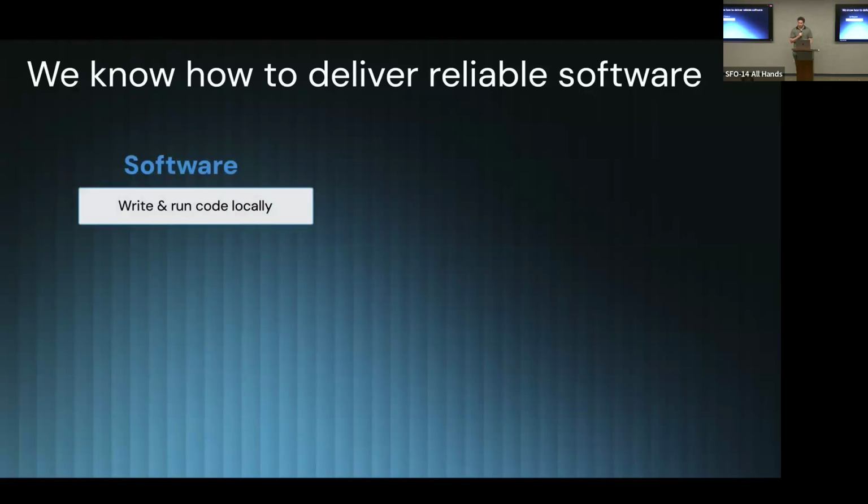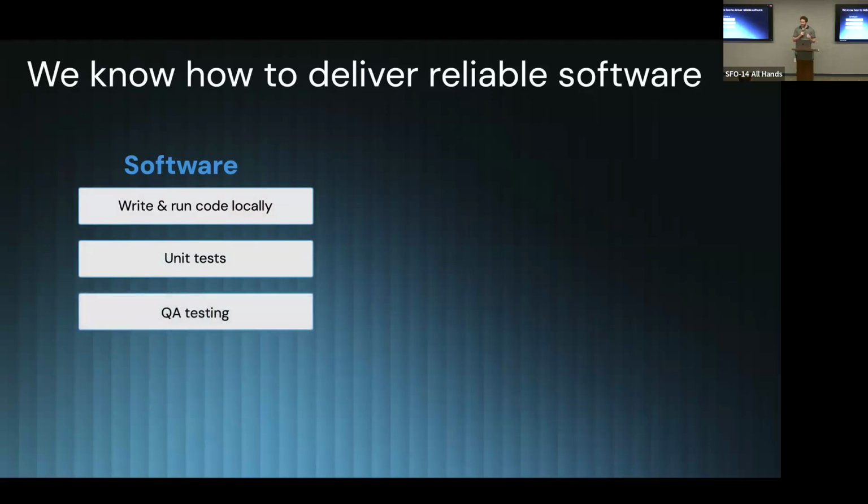Folks are going to write and run code locally. Once they think it's reasonable, they'll write some unit tests and iterate until they pass. If they're really doing a good job, they might write the tests first. After that, they'll hand it off to an internal team for QA, or they'll send it to their colleagues. They'll add some production telemetry, ship the thing into production, and get stack traces when things crash, and hopefully they have some evidence that folks are using it.